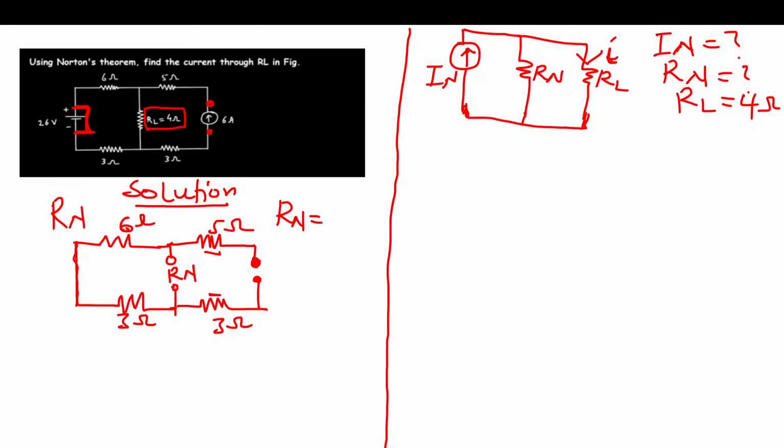Because there is an open circuit here, currents won't come this direction. So Rn is going to be the 6 here connected in series with the 3 here. So we are going to have 6 plus 3, which is 9 ohms.